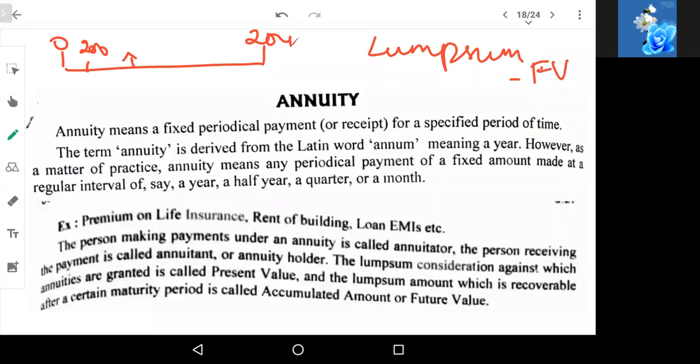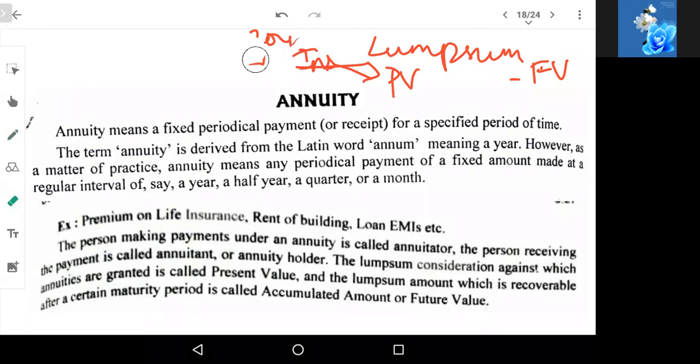And today, the service of insurance that we are getting will be the present value. So the service of insurance is the present value. The lump sum money which we get after 20 years will be the accumulated amount or the future value. Did you all understand the concept of annuity?